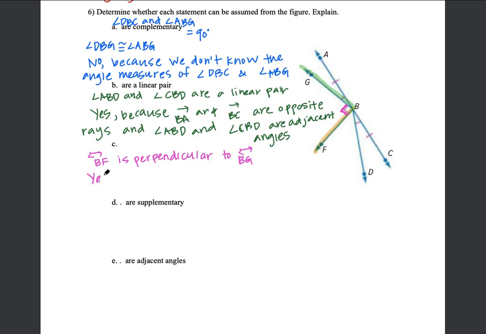Okay, so yes, because line BF and BG form a right angle. So since there's that right angle, that means the two lines are perpendicular.